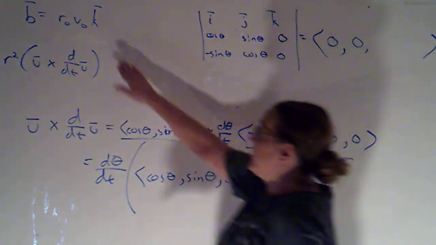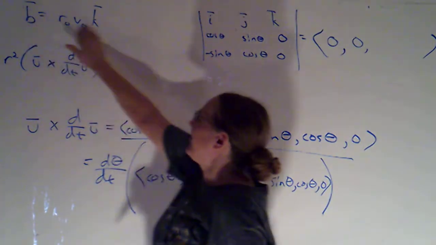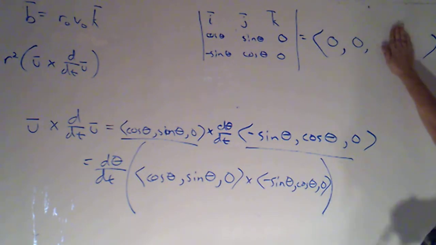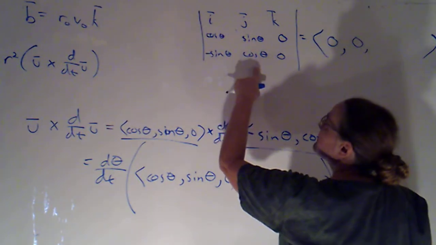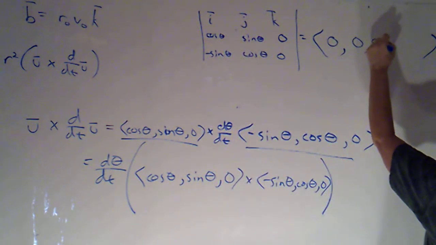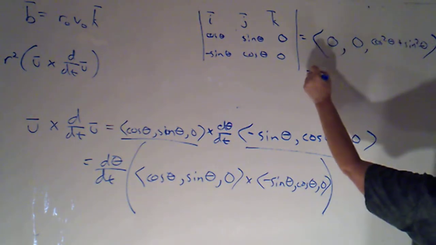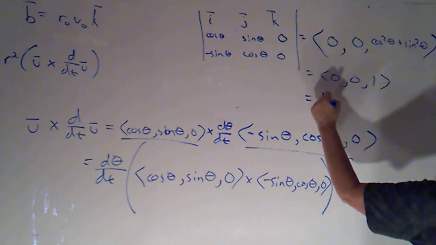I also might have forgotten, but I'm trying to calculate what b is. And we've already seen that b is a multiple of k. So this tells us we're on the right track. We're going to get a multiple of just k. So what goes here? Looks like it's going to be cosine squared minus a negative sine squared. But that's just cosine squared plus sine squared. Oh my goodness, that's just 1. So I'm getting k.